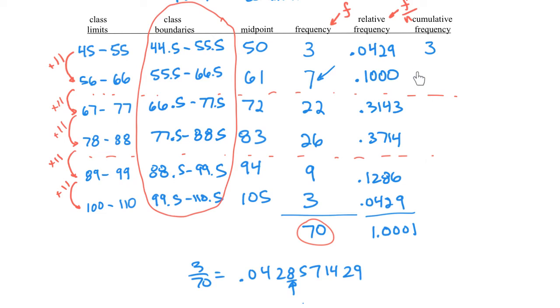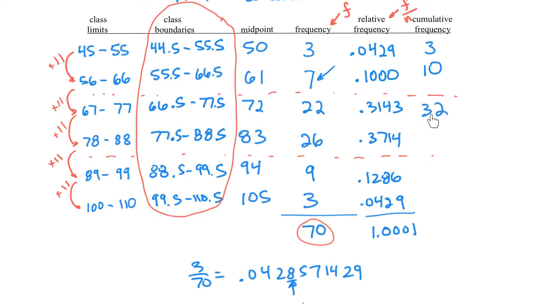So 3 plus 7 gives us a cumulative frequency of 10. When we get to the third class, we pick up another 22, so 10 plus 22 gives us 32.